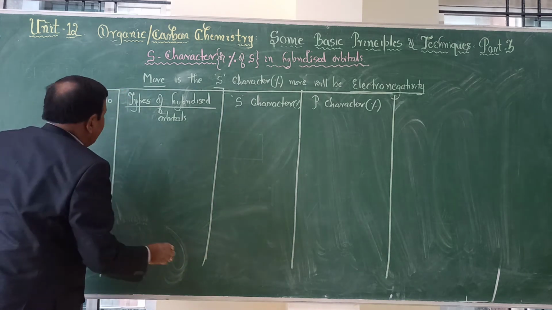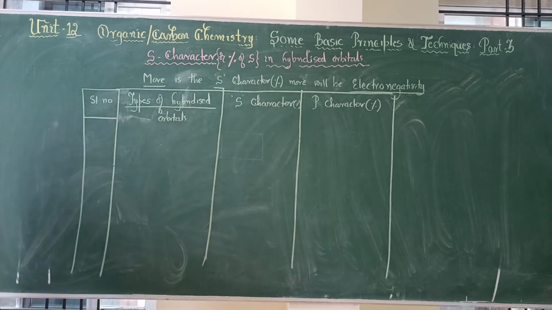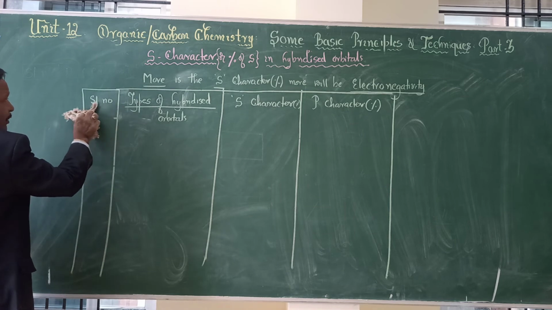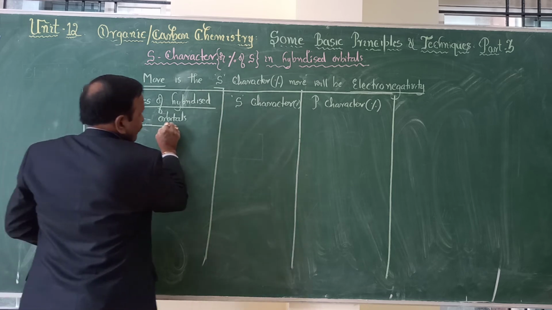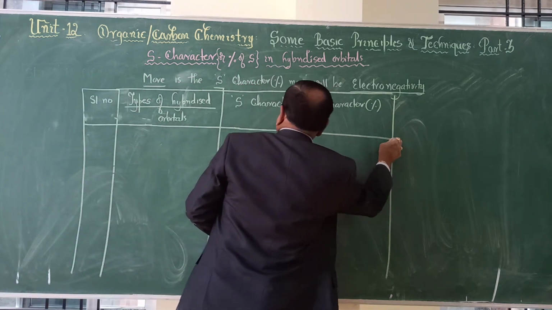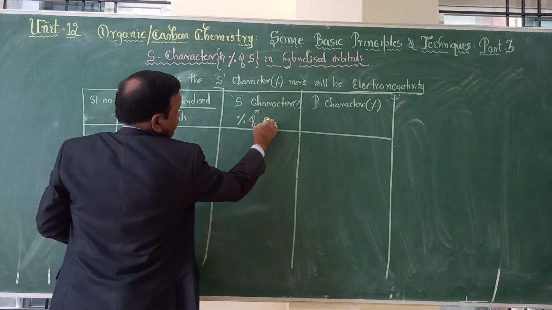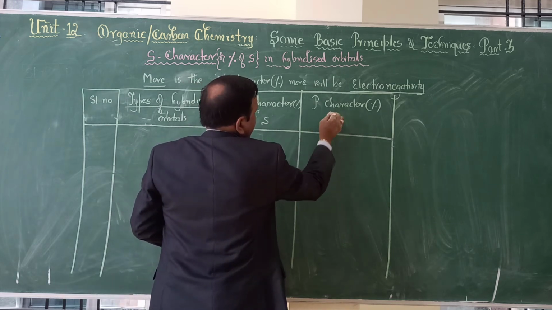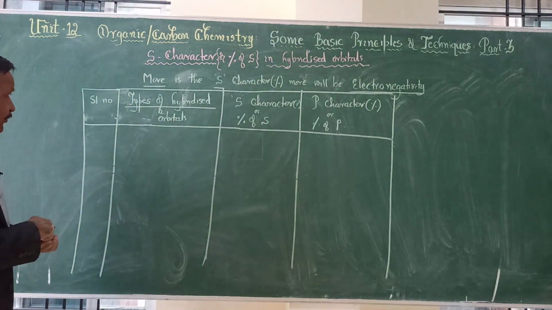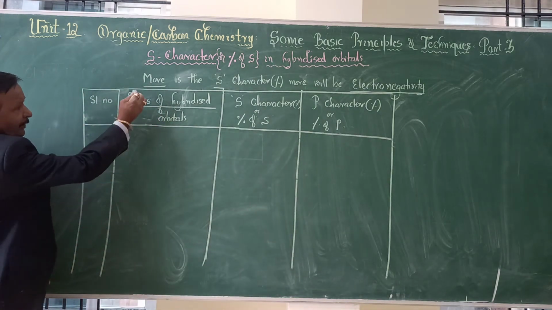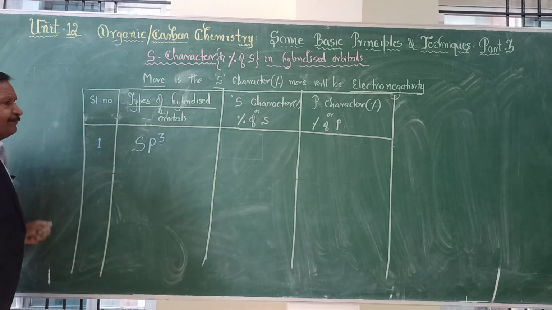So you will get here S character or percentage of S, and here percentage of P. First, the type of hybrid orbital, sp3.